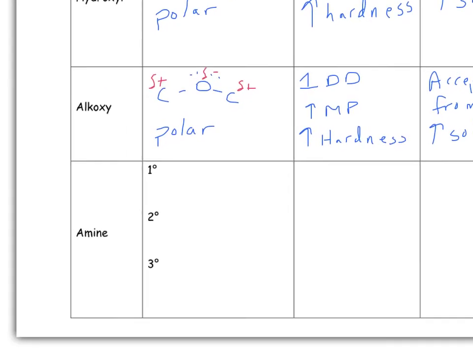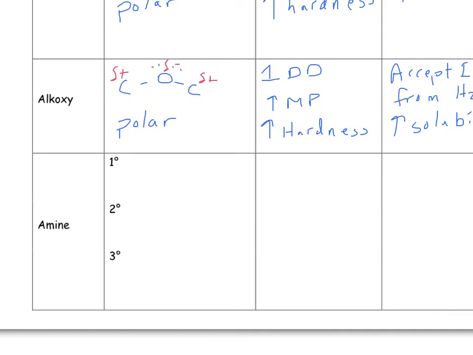The next functional group that you can add is known as an amine. It's when you add a nitrogen onto your organic compound. Now there's three different ways that you can do this because nitrogen can bond up to three different atoms. A primary amine is where you have one carbon attached to your nitrogen.